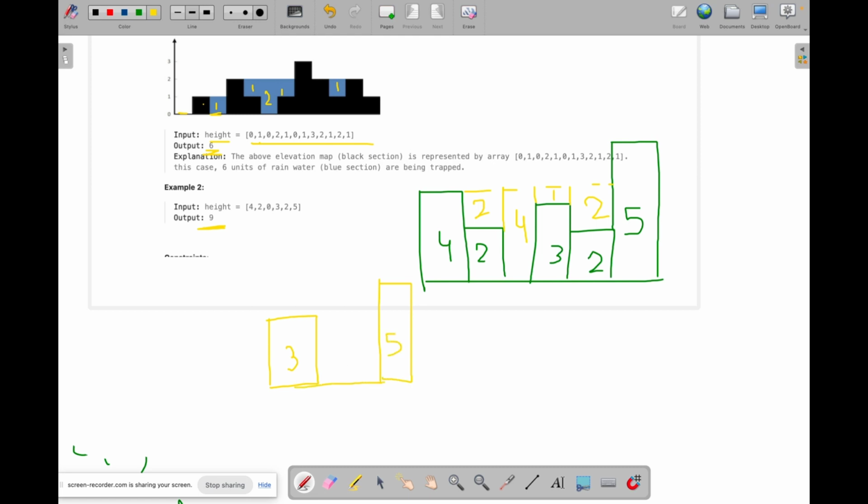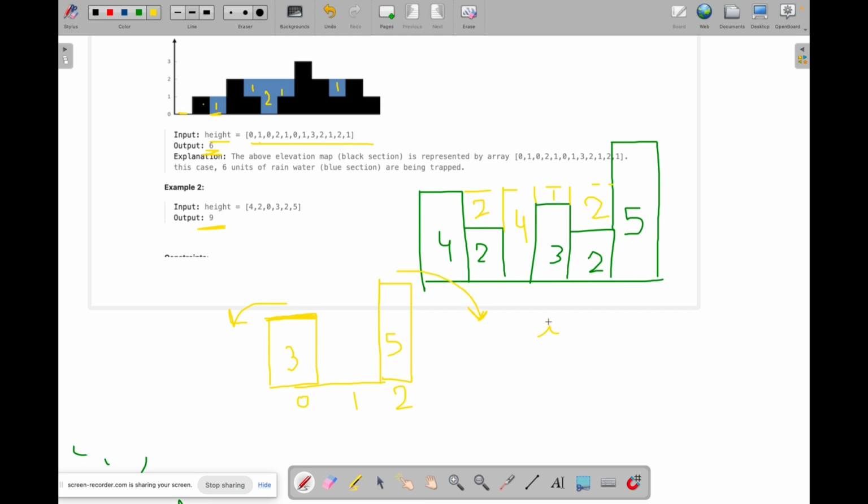Now we have to figure out how much water we can store here. So this is at index 0, 1 and 2. One interesting observation here is that at index 0 you will not be able to store any unit of water because it will get spilled out. The same applies at the last index also. If you try to store any unit of water here, it will get spilled out.